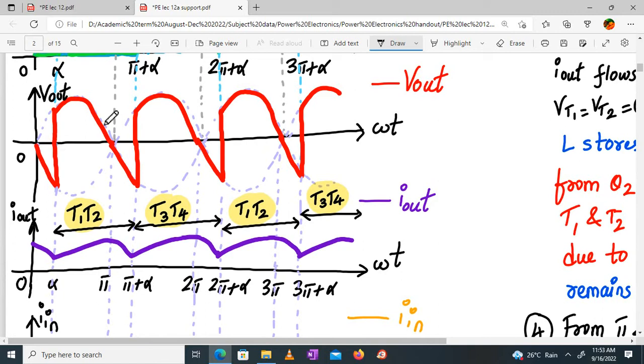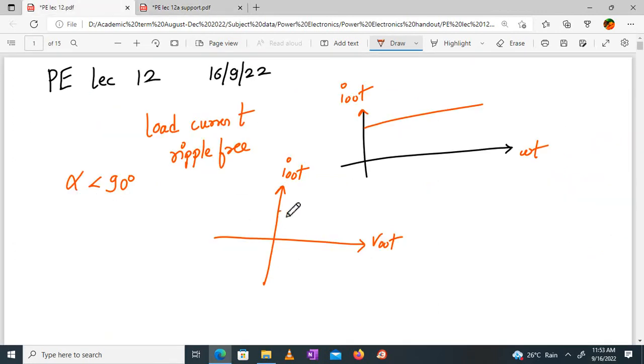Arre, what average do you see? The positive peak is higher, right? So the average value of V out is positive. What about my output current? Positive. So both are positive, and we are in this quadrant. Correct? Both I out and V out are positive now.